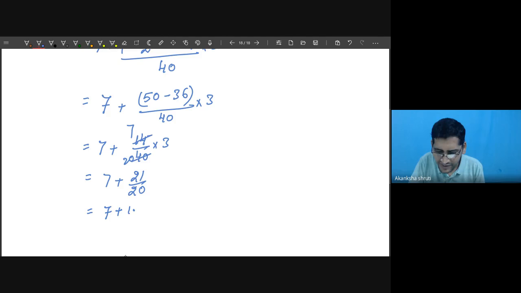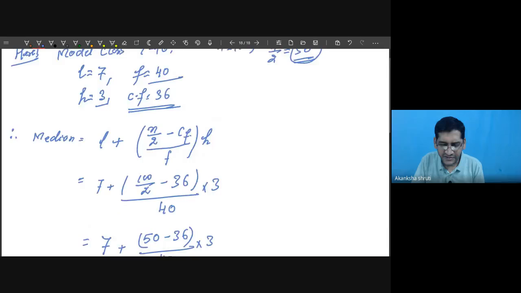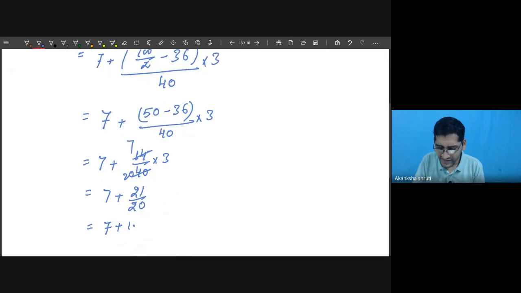This 7 was in the numerator. 50 minus 36 is 14, divided by the frequency for this class which was 40. That was multiplied with this 3, cancelling. Numerator becomes 7, denominator is 20. 7 threes are 21, I have written. That way I have written.